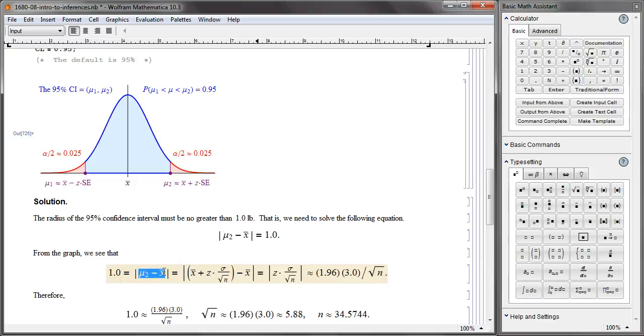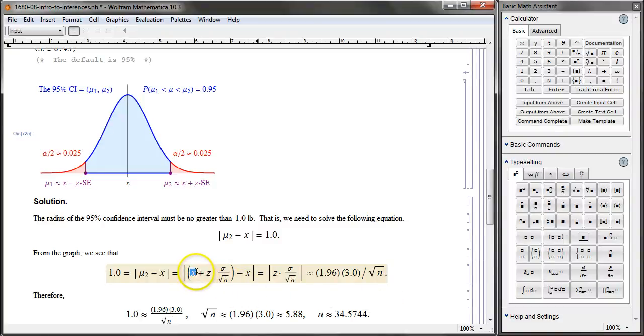And what is mu2? X bar plus z times the standard error. And z is the z-score associated to 95%, 1.96. So this whole thing is 1.96 times 3.0 over square root of n, as you have calculated on the right hand side.